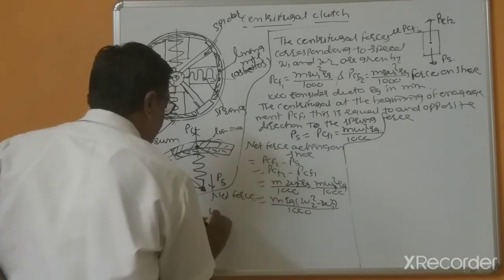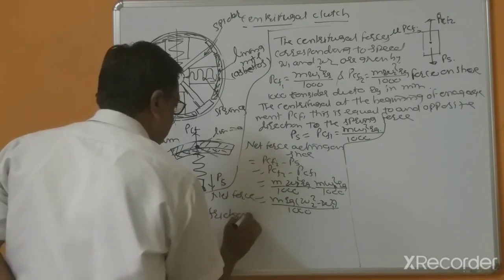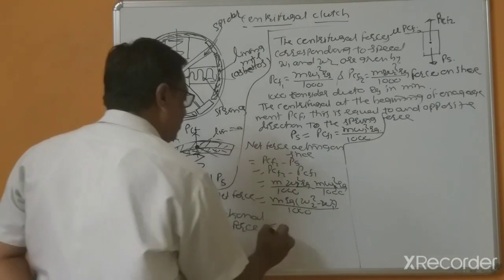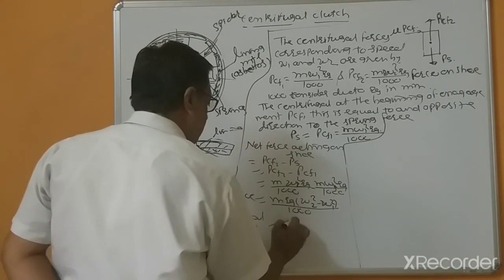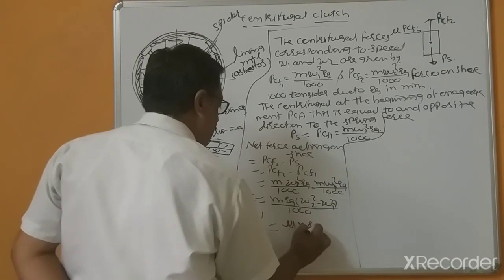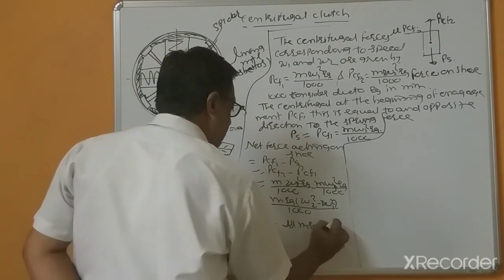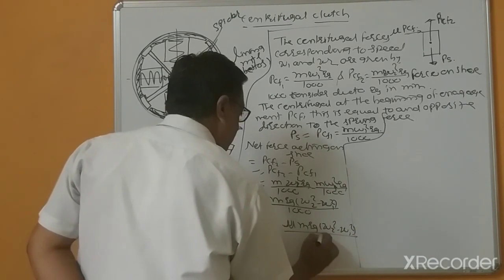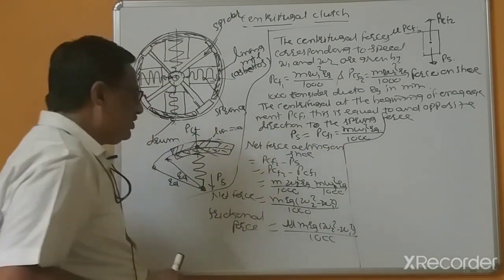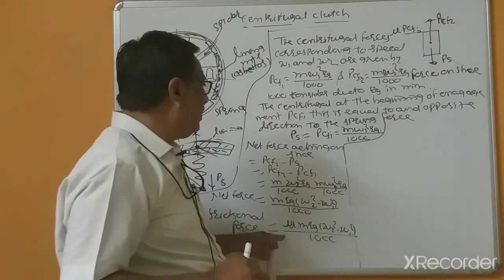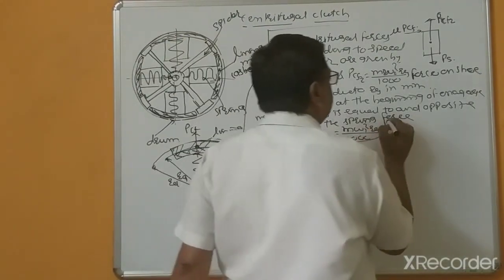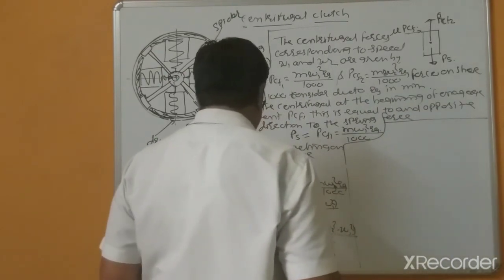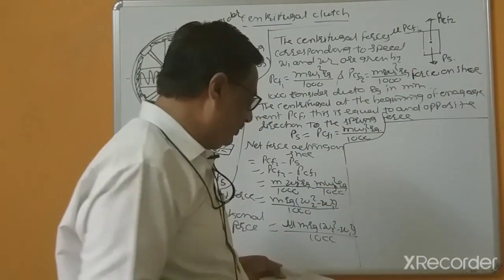Now the frictional force equals mu into m Rg, into omega 2 square minus omega 1 square, divided by 1000. Here the frictional force is multiplied by mu, and this is for one shoe.